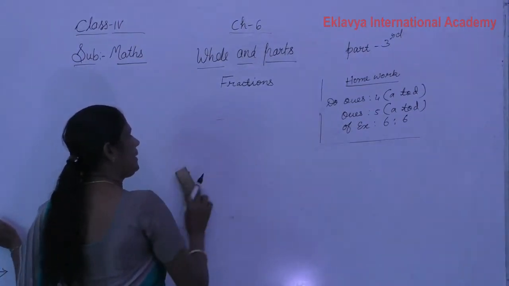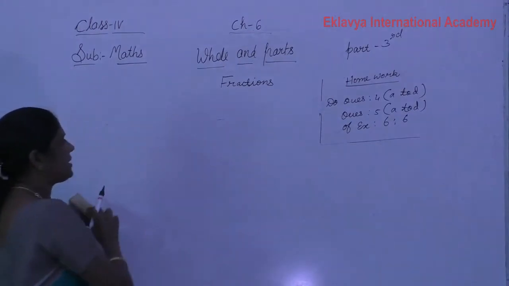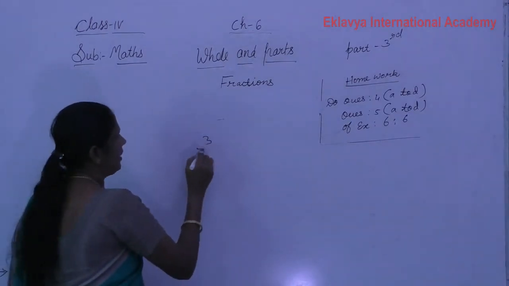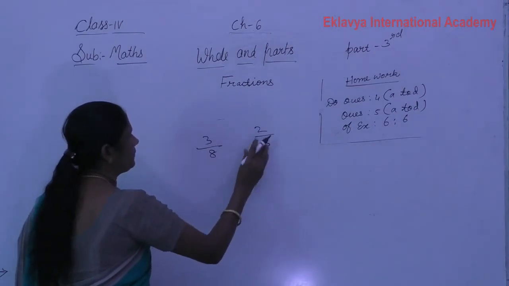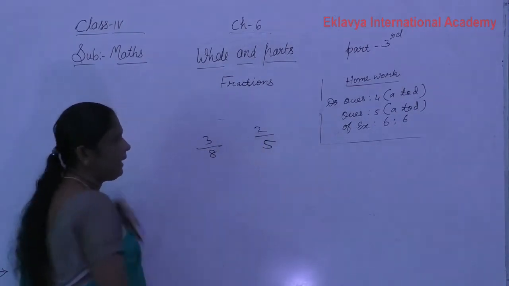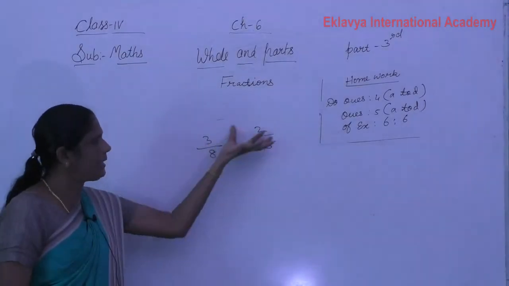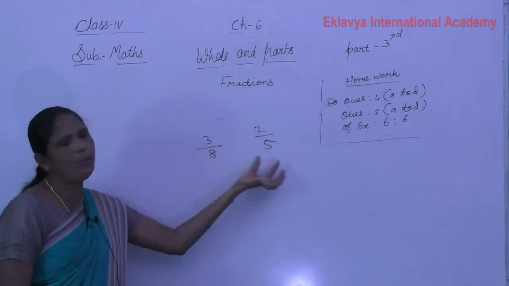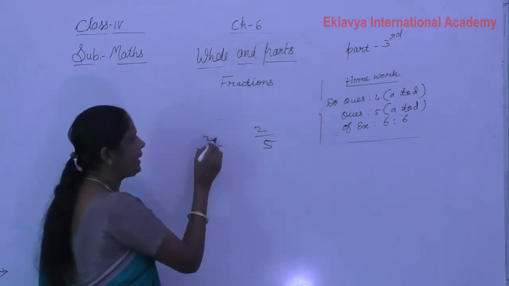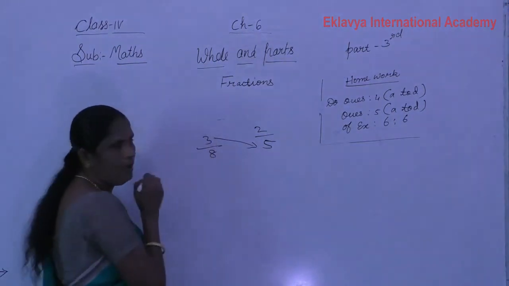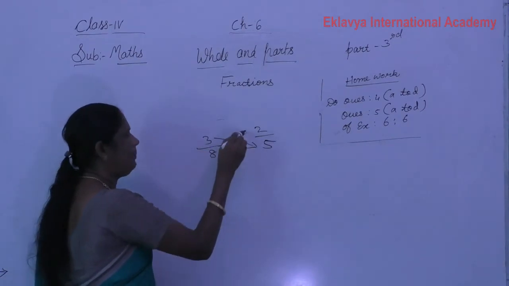Now when the numerators and denominators are both different, 3 by 8 and 2 by 5. Here numerators are different, denominators are different. What do you do? Cross multiply.